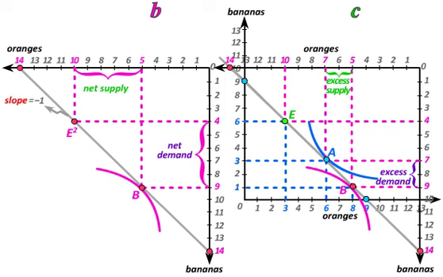To see this, we can simply note that at the current prices, I'm willing to supply 3 bananas, but my wife is demanding 5. And I'm demanding 3 oranges, but my wife is supplying 5. We therefore have an excess supply of oranges and an excess demand of bananas.